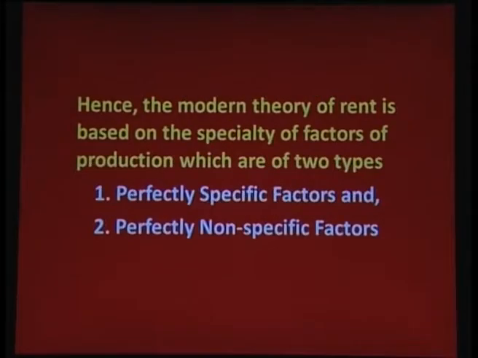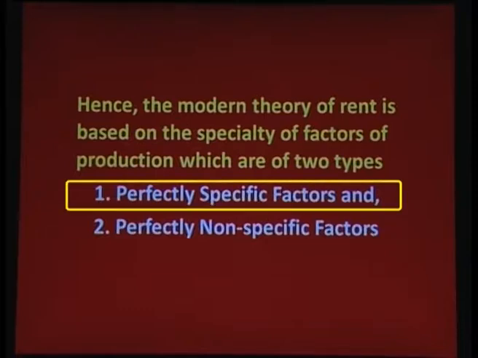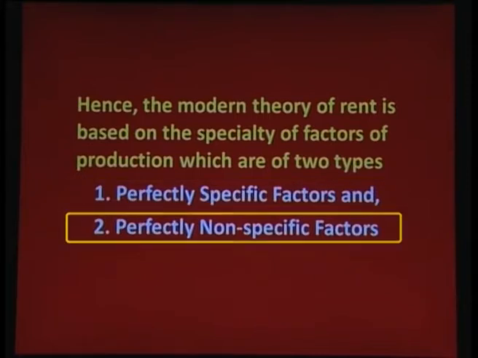Hence, the modern theory of rent is based on the specificity of factors of production, which are of two types: perfectly specific factors and perfectly non-specific factors. So, there are two categories of factors of production: perfectly specific and perfectly non-specific.